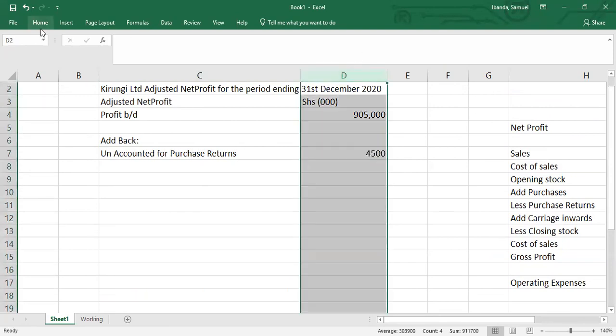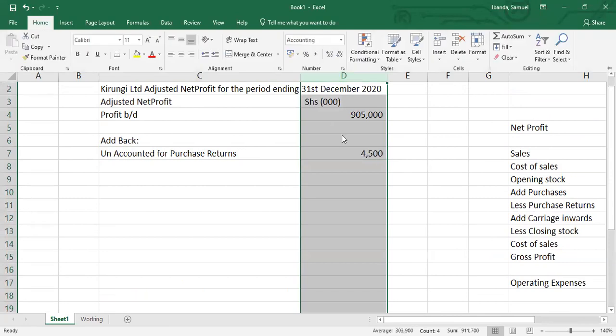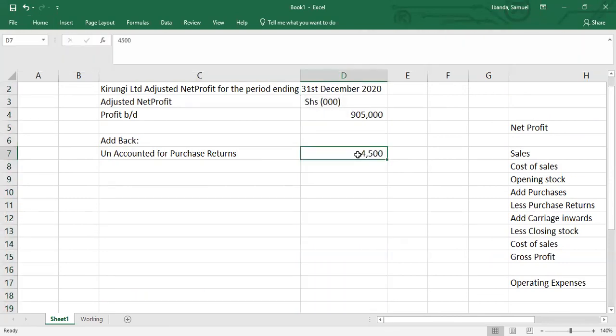We shall include it there, and we are adding it there because these purchase returns would decrease the value of our purchases, which would definitely decrease our cost of sales. And decreasing our cost of sales means that our cost of sales is much lower than our sales, which will increase our profits by the same magnitude.